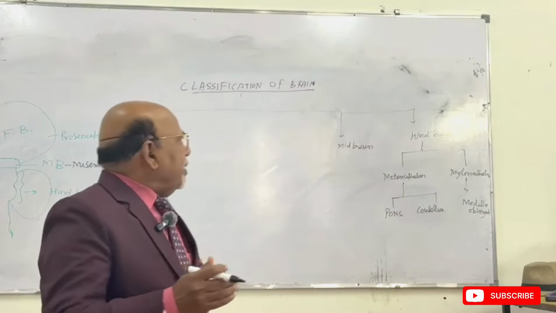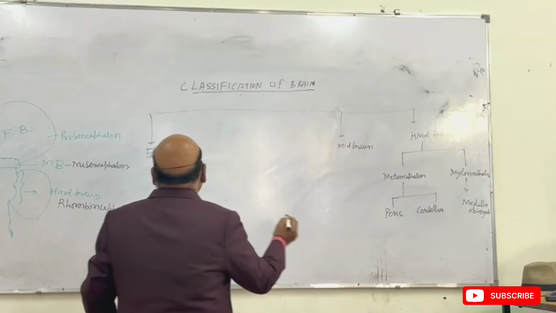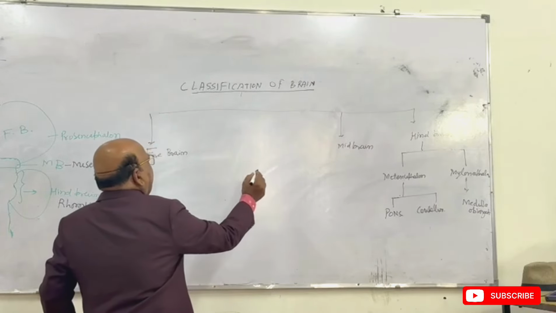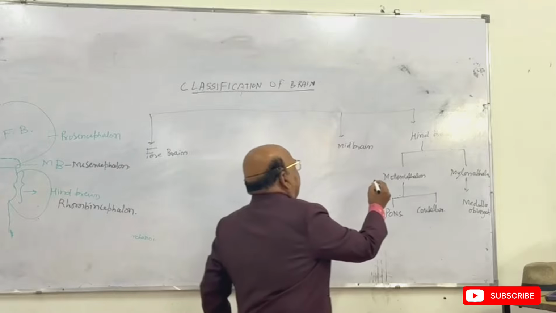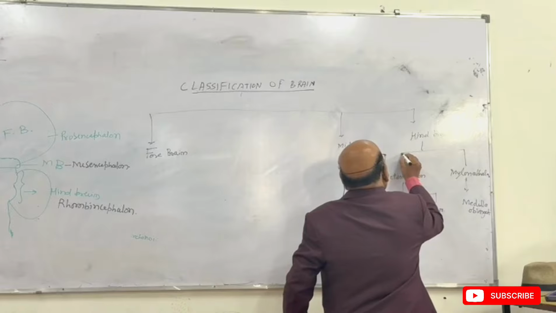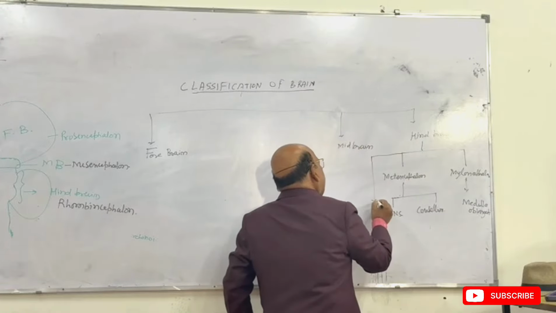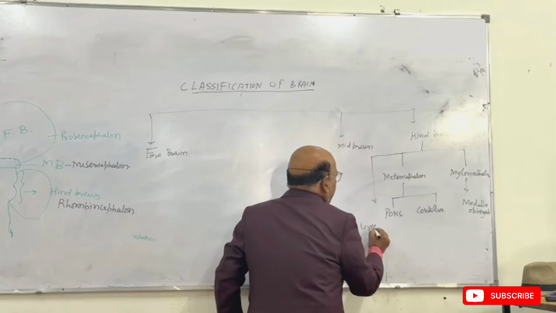These are the parts of the hindbrain: forebrain, midbrain, hindbrain, and it also has an important structure, the fourth ventricle.